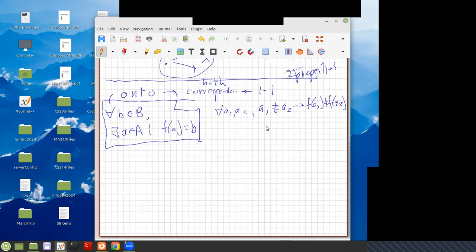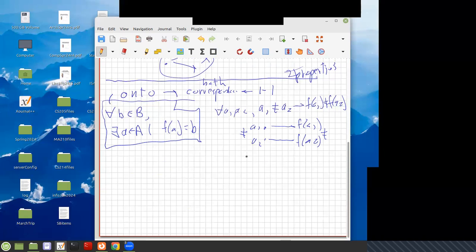This one's the opposite. This one says if A1 is not equal to A2, if they're different, then F of A1 is not equal to F of A2. What it's doing is saying if these two are separate, then the images are separate.